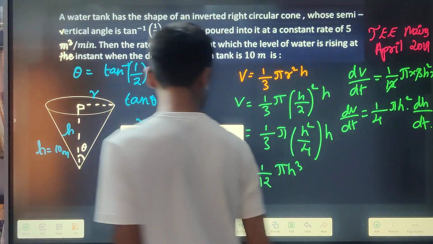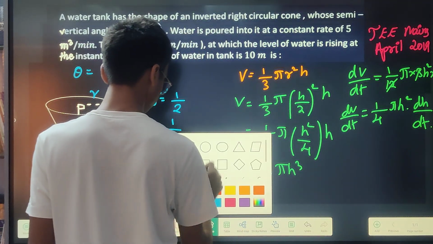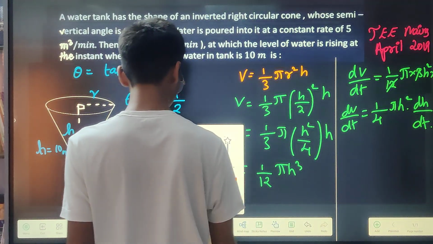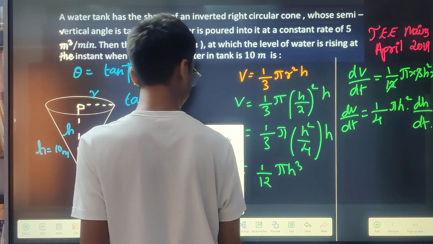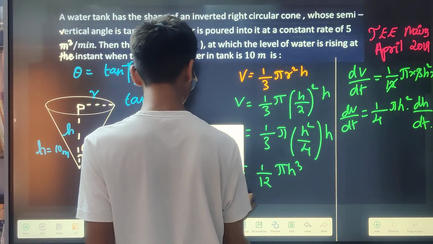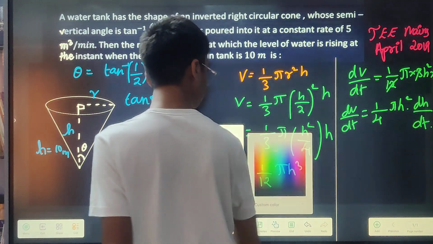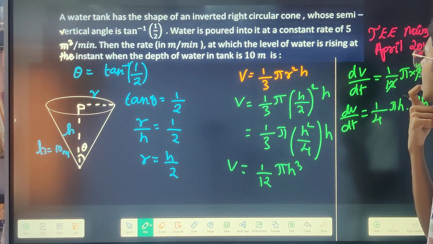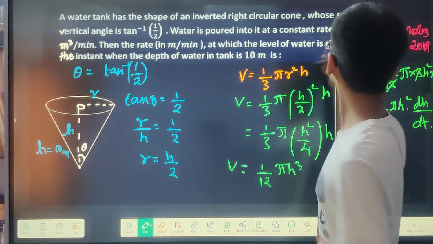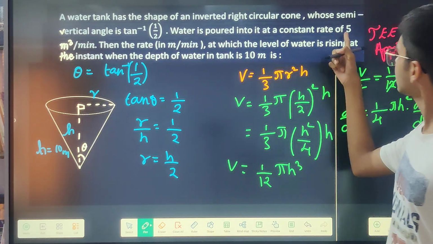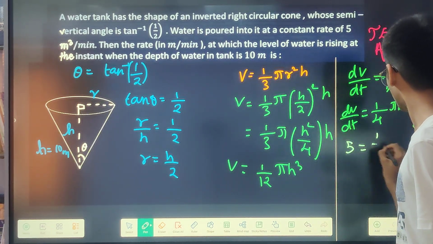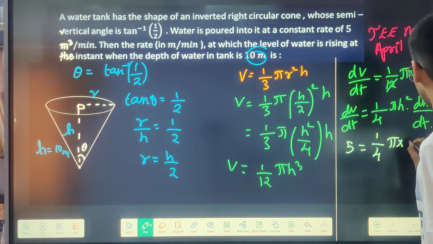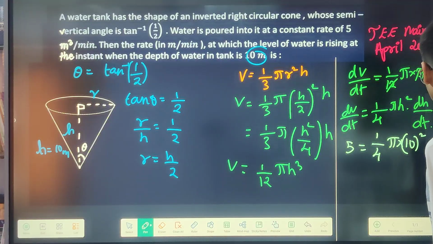Now, what is dV by dt? They have given that as 5. So 5 is equal to 1 by 4 into pi into h square, where h is 10 meter, so into 10 square into dh by dt.